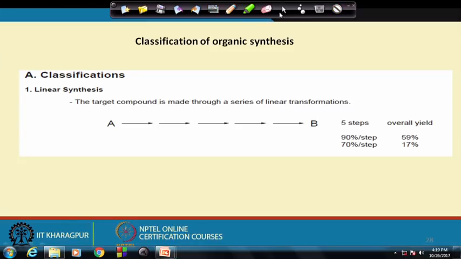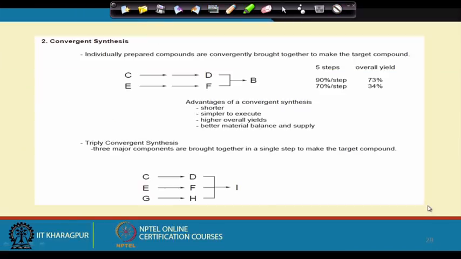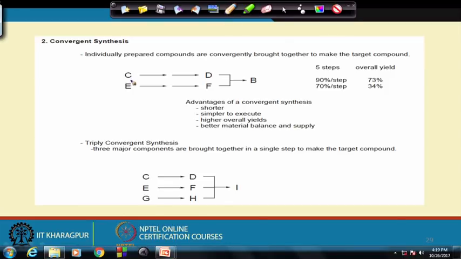On the contrary, if you have a different pathway, let us say a convergent pathway, where 2 linear paths can be merged at a certain point. Let us say you start with C, you go through linear steps to D; you come to E, another starting material, come to F. Now, these 2 linear paths merge.